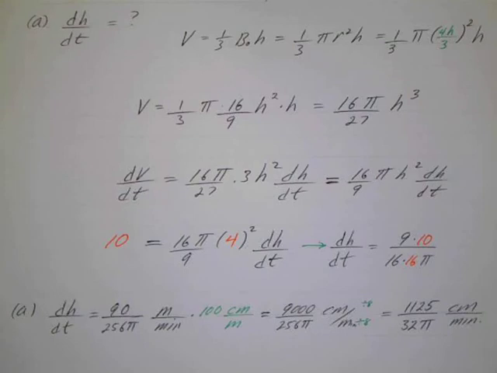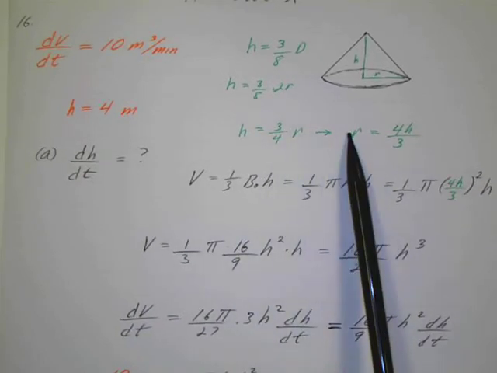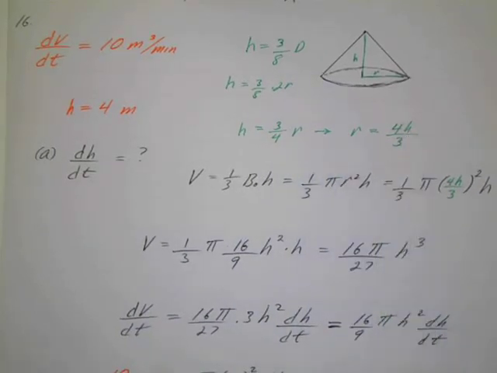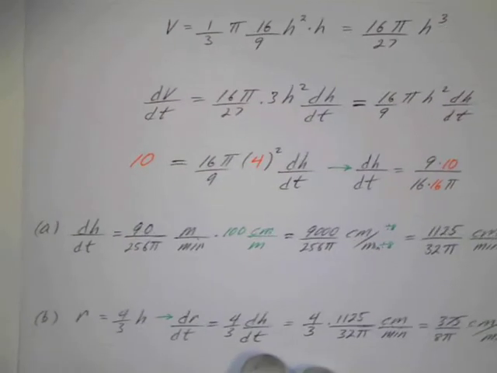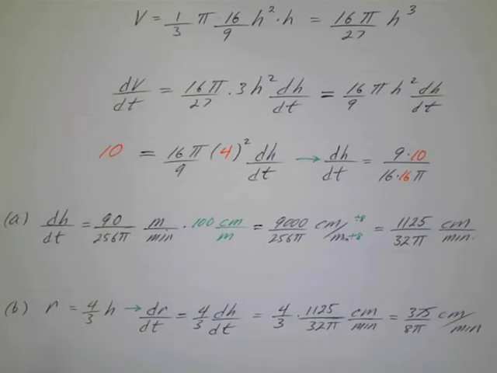So that's my dh/dt. Now I also wanted to find the rate of change of the radius with respect to time, so that's going to be dr/dt. Now don't think we have to go through all this over again. Remember we have this relation up here, r equals 4/3 h. So I think you'll like this.